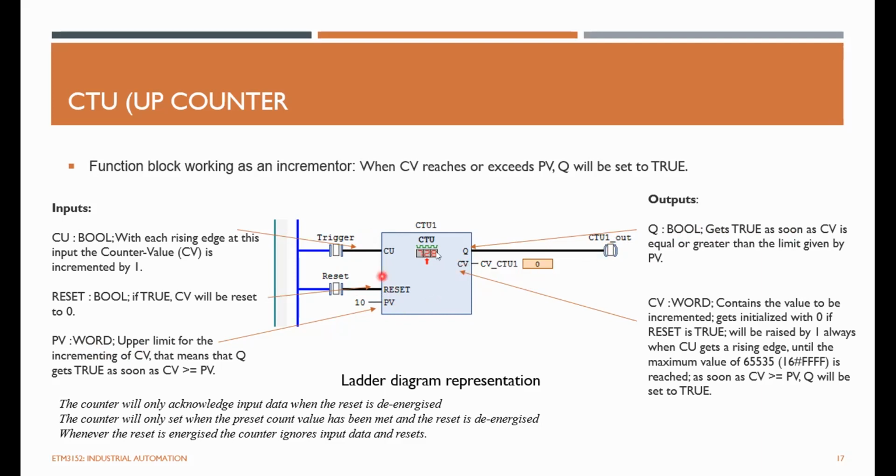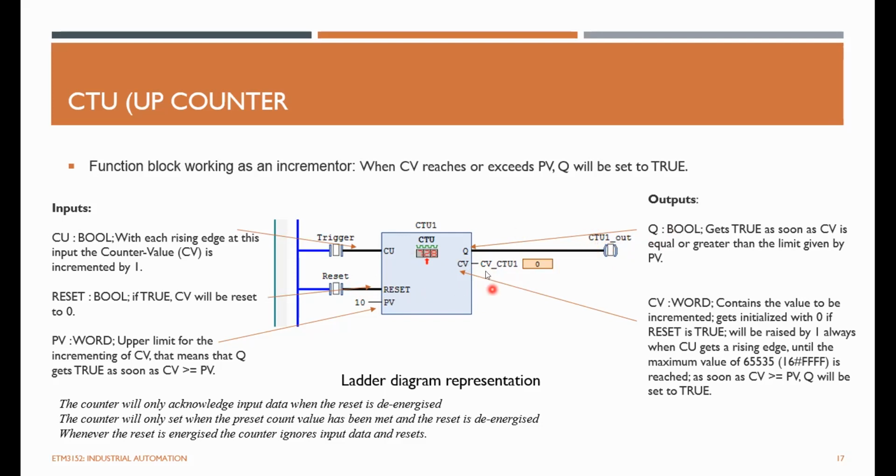Anytime, you can reset this current value by inserting a reset pulse signal. If you provide a reset high signal here, no matter what the value is here or the output, the counter will be reset. So this value will go to 0, and if the output was high, that will also go to 0.